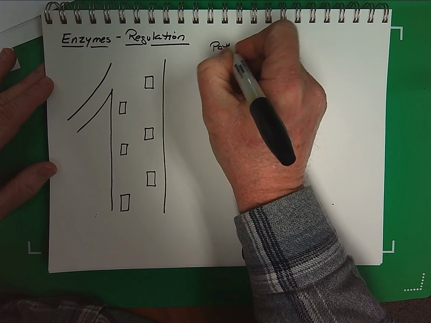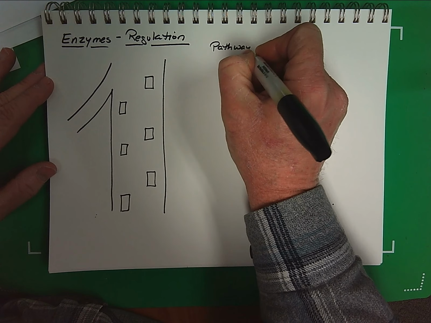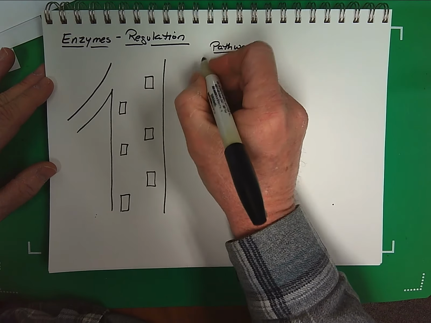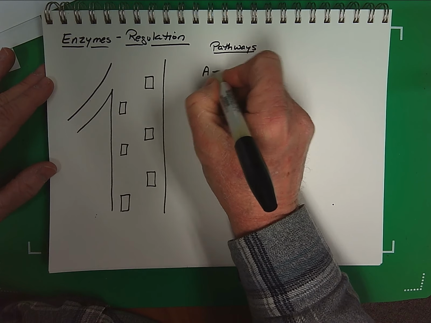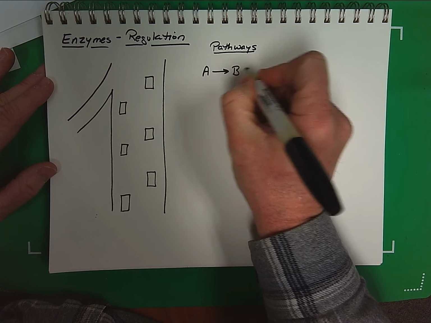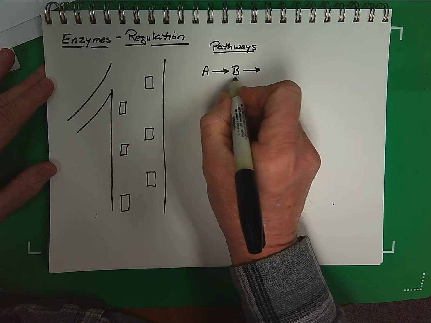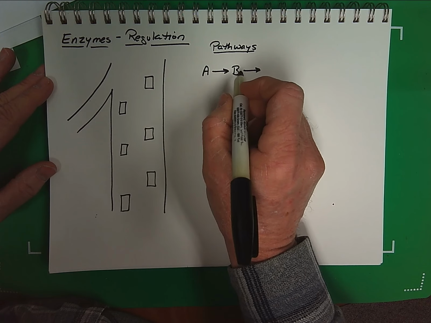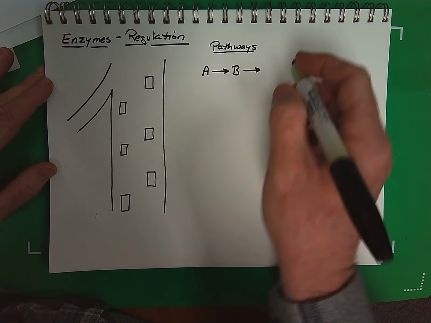Recall in class we discussed that biochemistry is about pathways. We talked about single reactions where we have substrate A forming product B, but biochemistry is largely about combining these reactions in pathways.